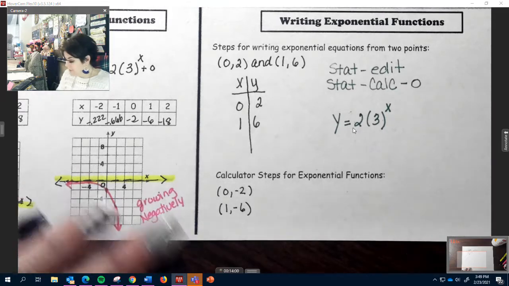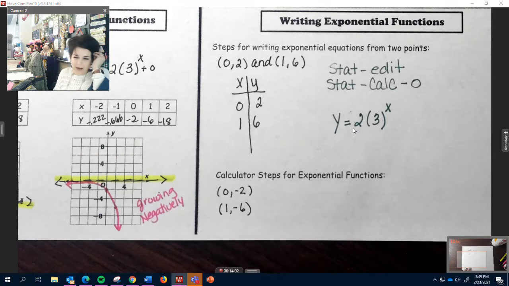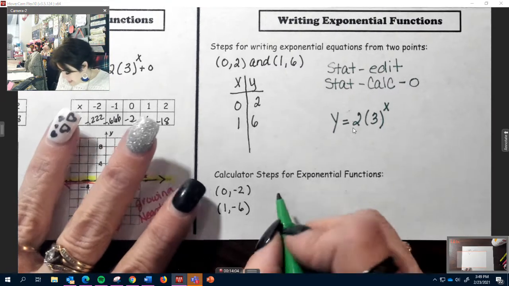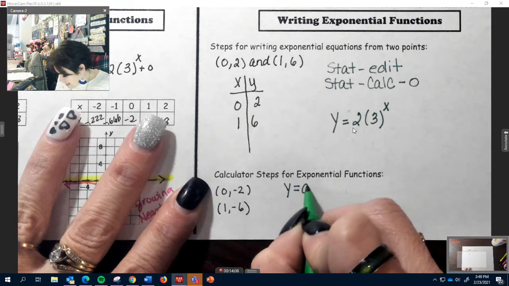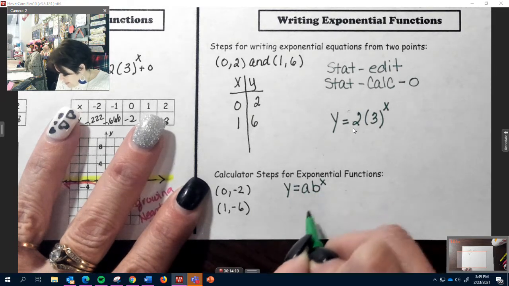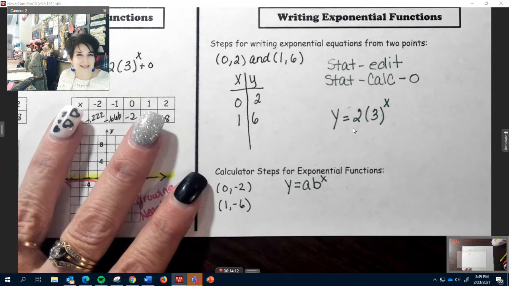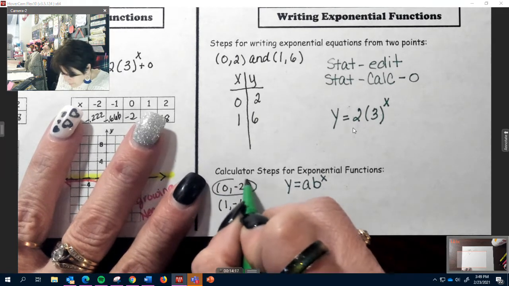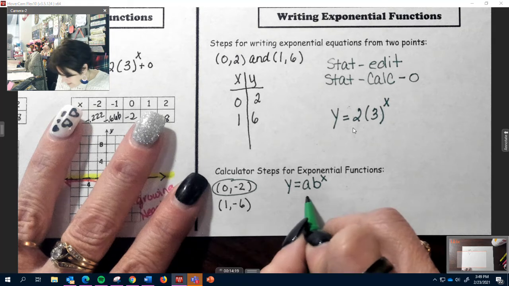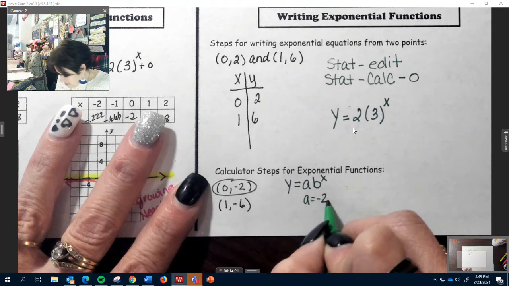So you have to look at y equals AB to the X power and ask, can I see the A value? I can. It's the y-intercept. The A is -2.